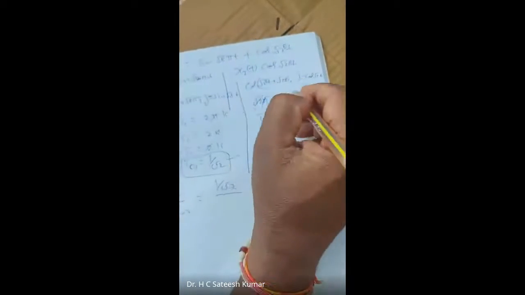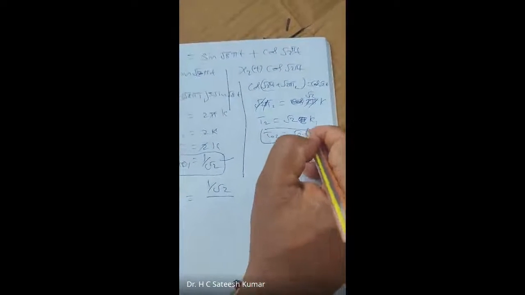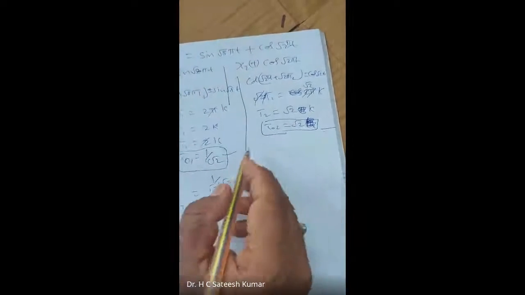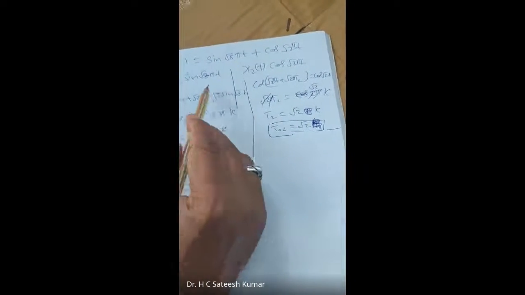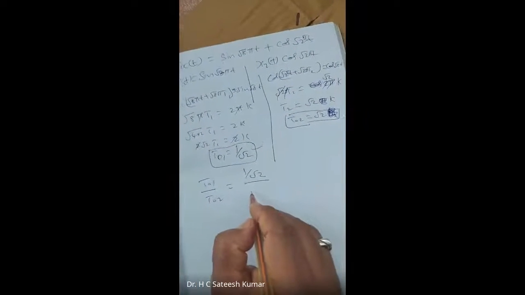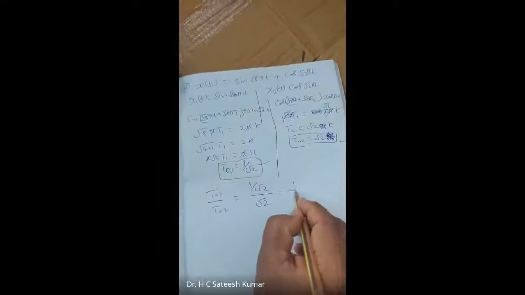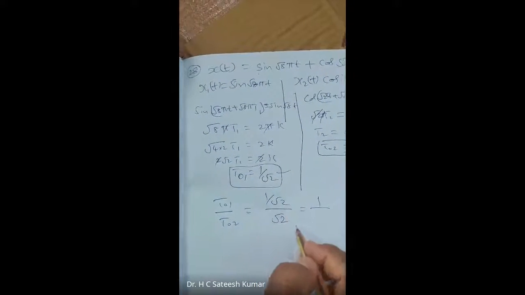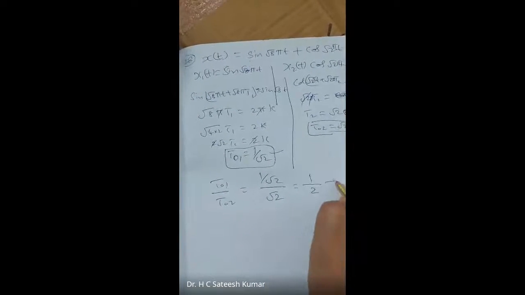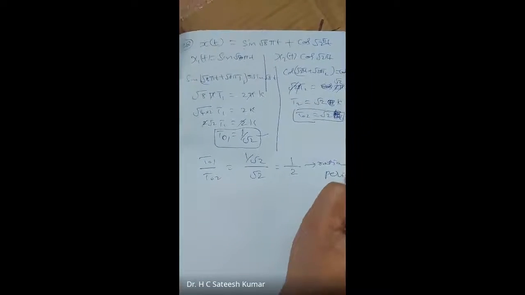This pi gets cancelled. So T naught 1 by T naught 2 involves root 2 in both places. Here also it is irrational. 1 by root 2 divided by root 2, we will get 1 by 2, which is rational and is periodic.